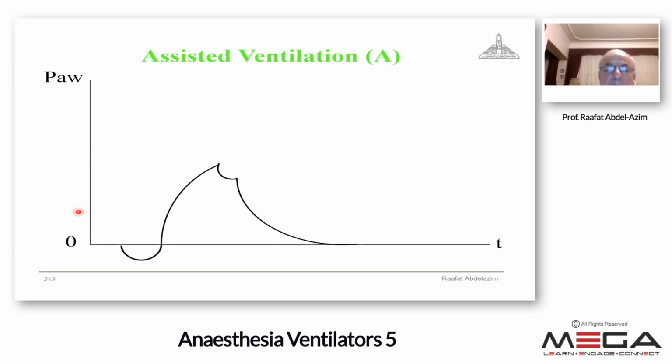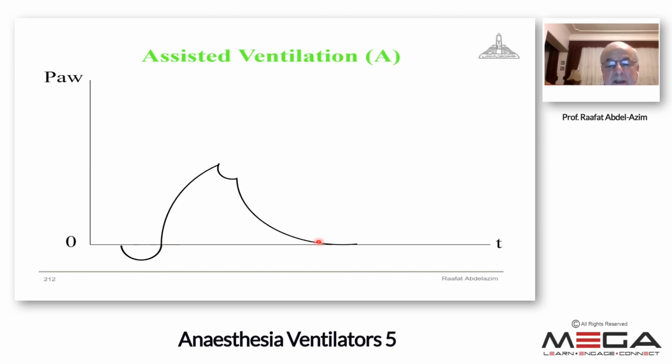The mode of assisted ventilation is like that. The patient is spontaneously breathing, and the ventilator senses the patient's effort, and if the patient effort is not sufficient, the ventilator will give a stroke of mechanical ventilation to help the patient.